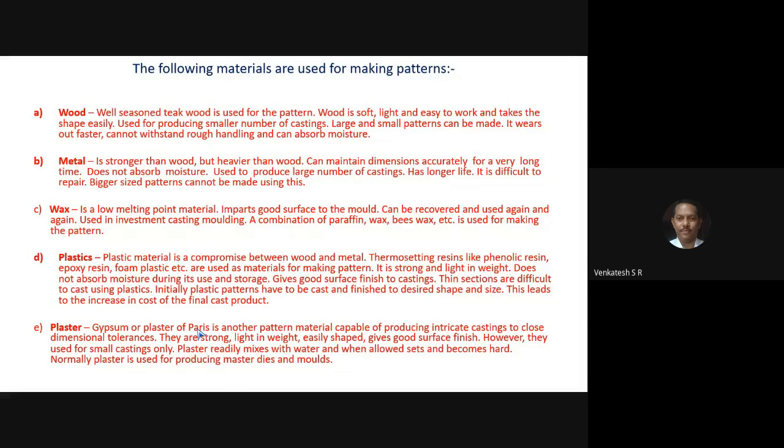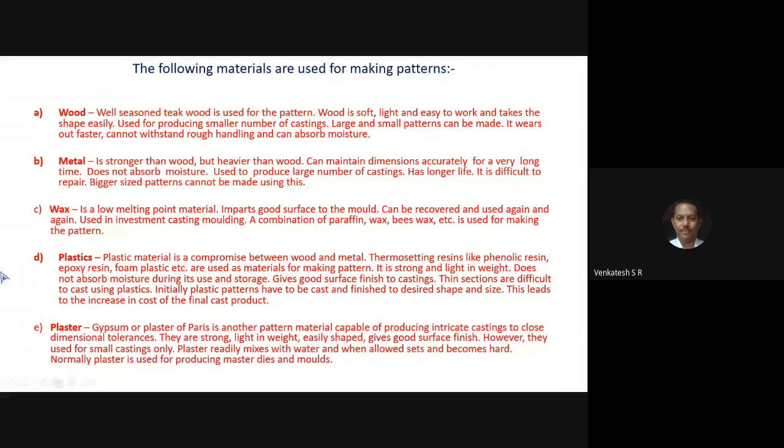This is the costliest wood available in the market, and the wood is very soft. From that you can produce all the allowances in the pattern, and it can also withstand rough handling and absorb moisture. If the seasoned teak wood is present, it does not attract moisture. If it is weak, then only it attracts moisture.